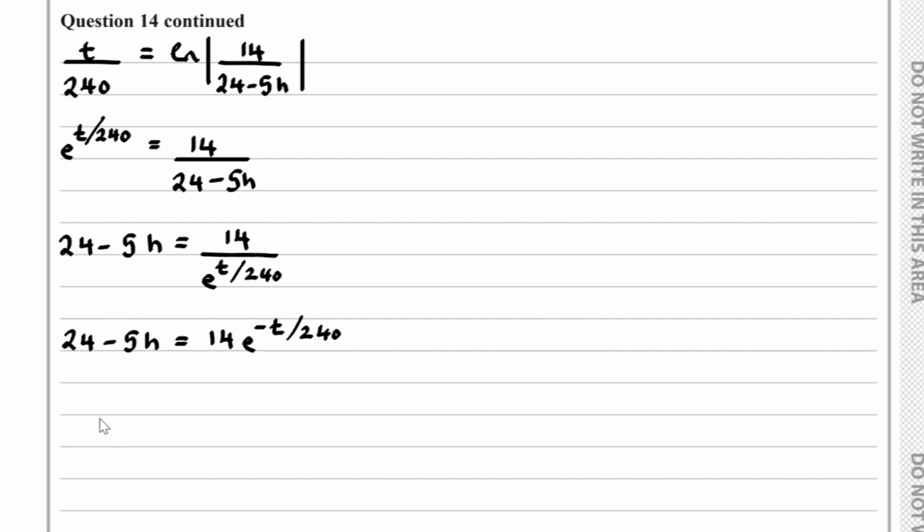And so we can therefore conclude h is equal to 24 over 5 minus 14 over 5 multiplied by e to the power of minus t over 240.